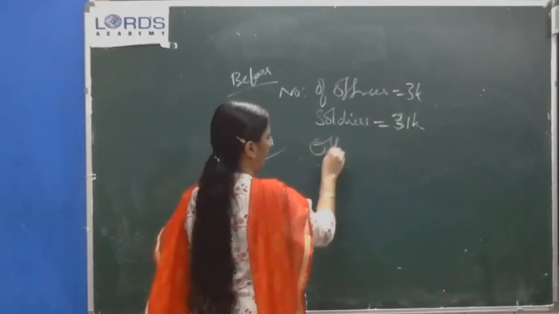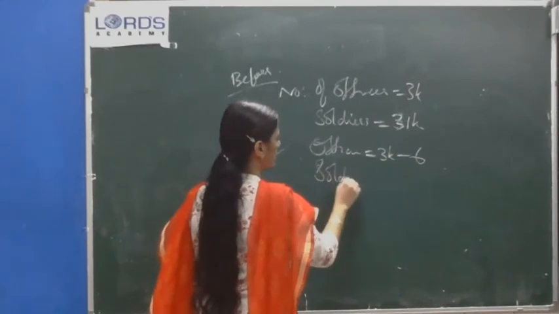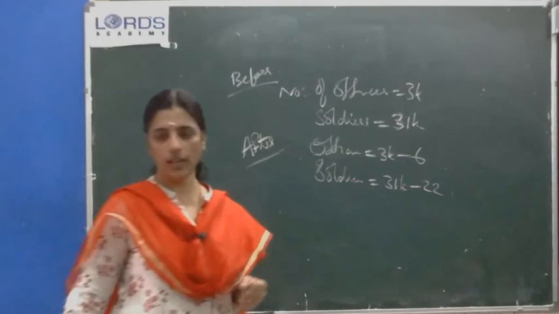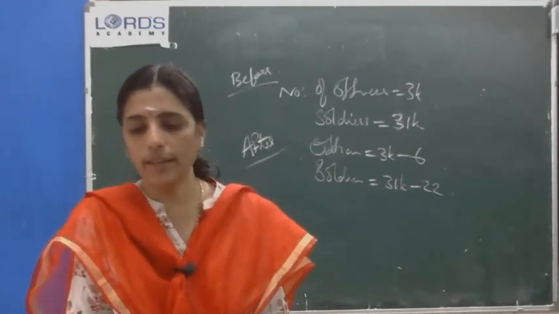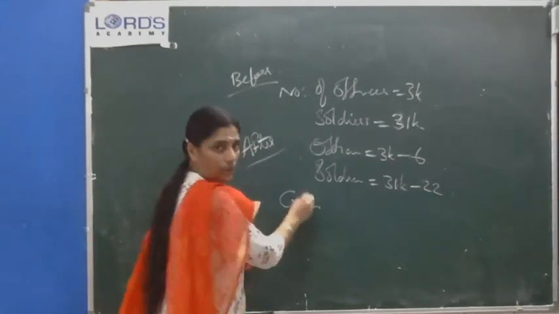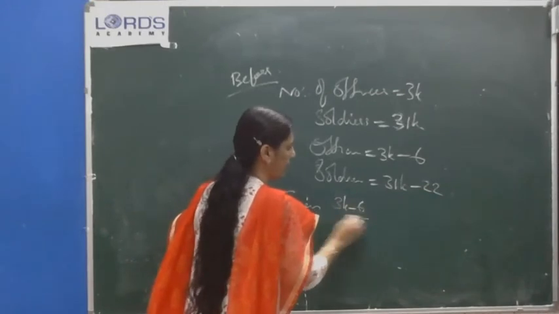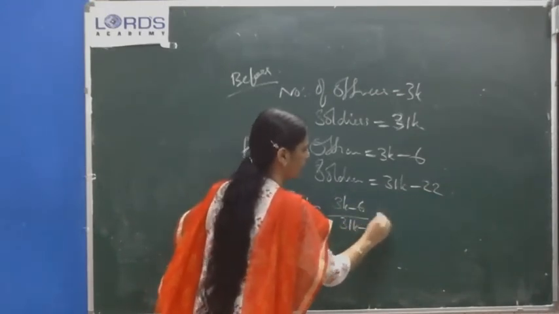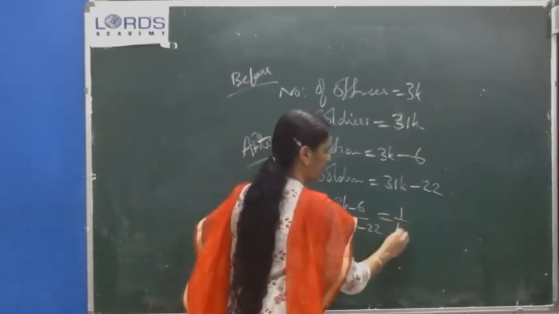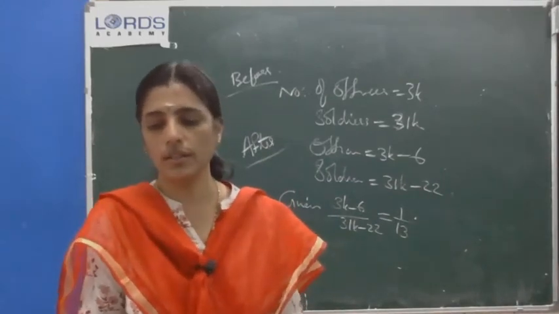After the battle, officers 3k minus 6, soldiers 31k minus 22. Now the new ratio became 1:13. So you write given, like the second last problem. 3k minus 6 by 31k minus 22 equal to the new ratio, 1/13. Find the number of officers and soldiers in the regiment.